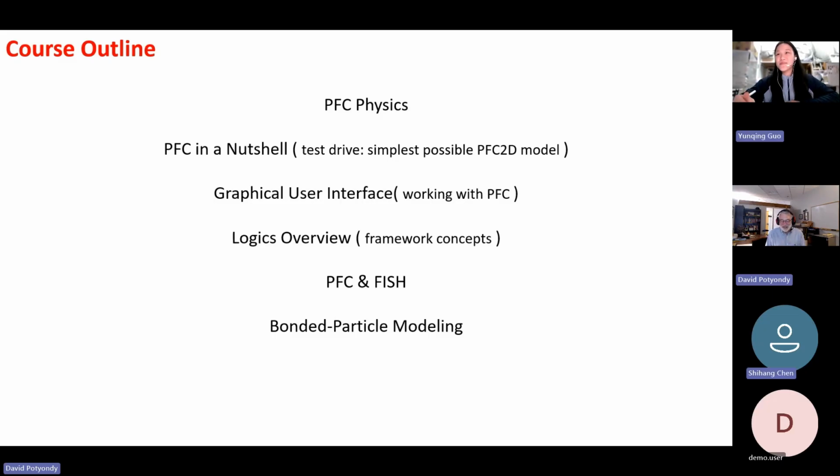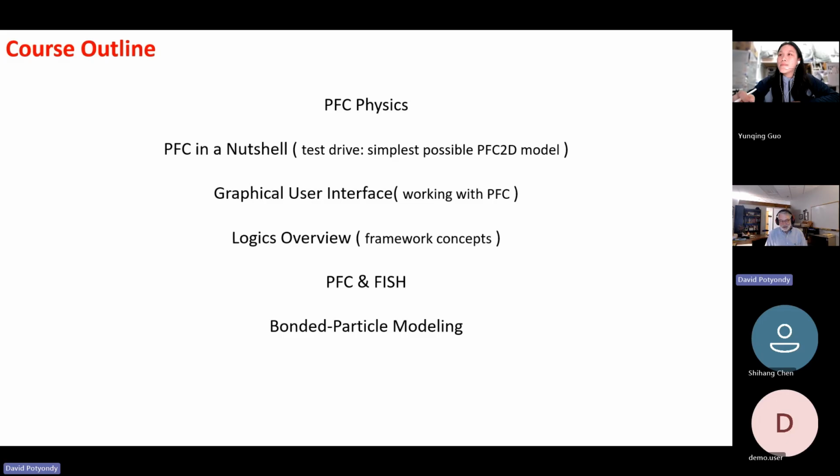So Fish is an embedded language in PFC, and it's very much like Python. In fact, it was developed by Peter Cundall originally in the late 1990s in PFC, before Python existed.